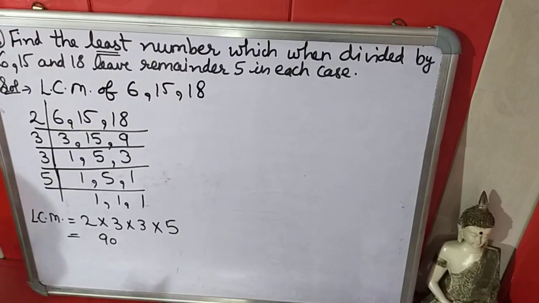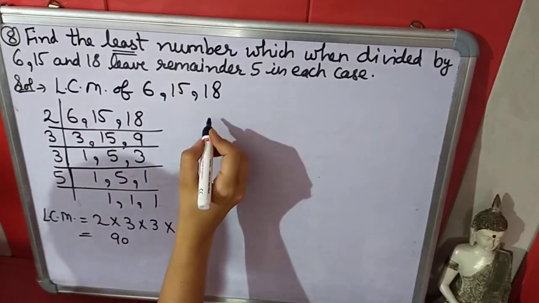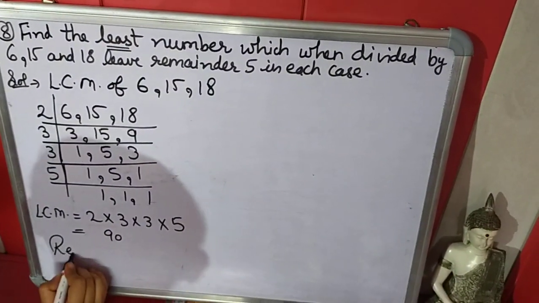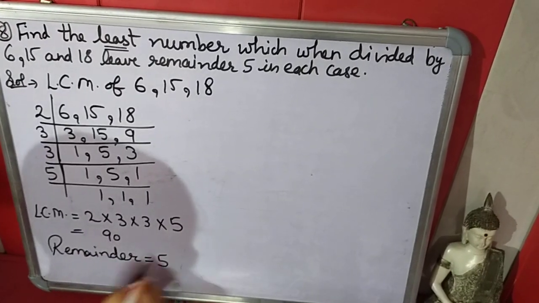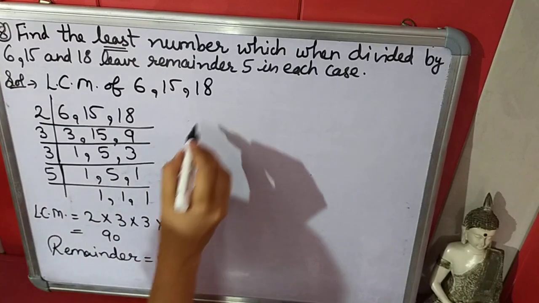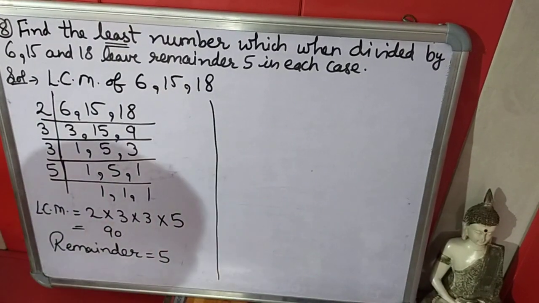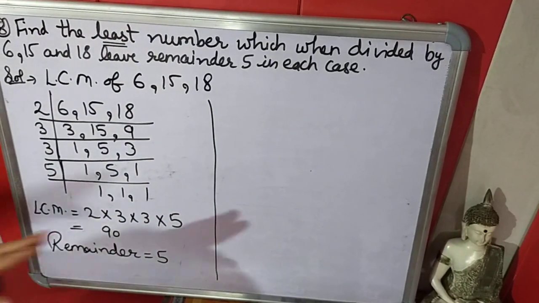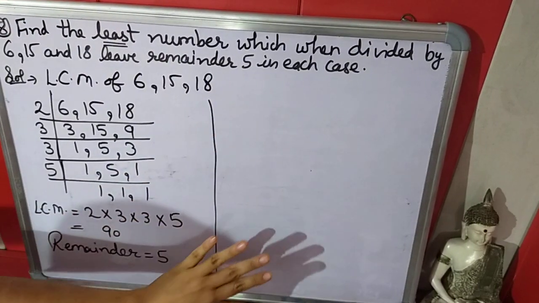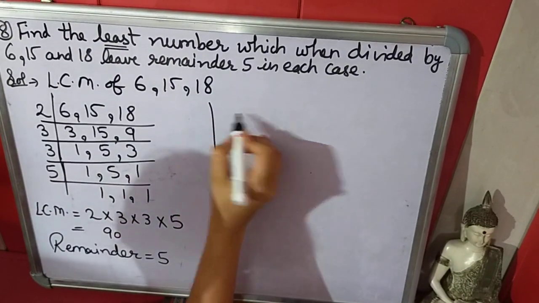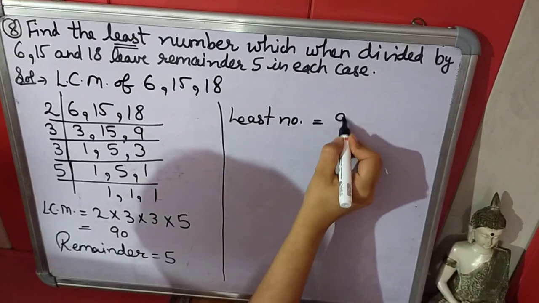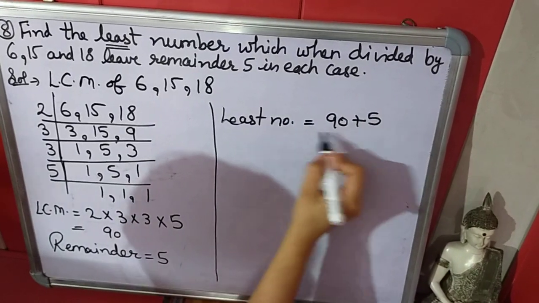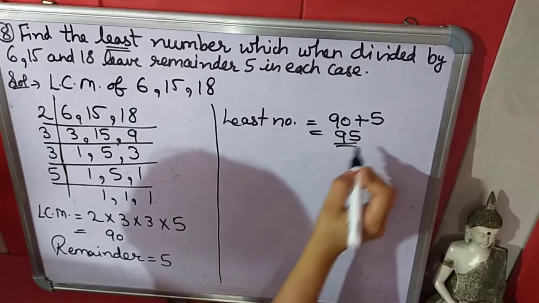Now he's saying remainder is 5. Here remainder is 5. You have to find the least number. In LCM, if remainder is given, you have to add the remainder at last to the LCM. So the least number will be 90 plus 5, 95.